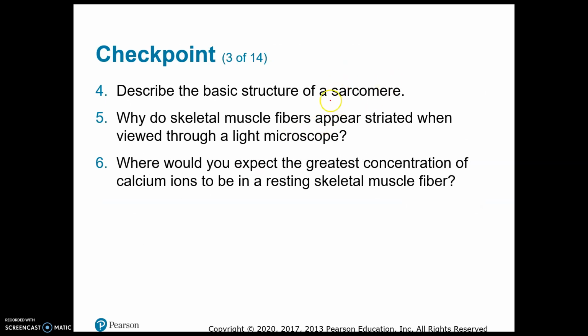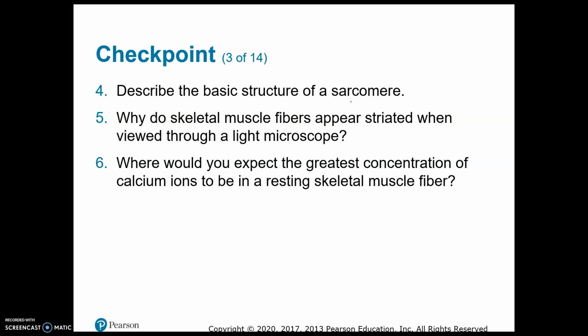All right, basic structure of a sarcomere, just make sure you understand that it's a contractile unit of muscle, and it extends from Z line to Z line. The M line is the middle of the sarcomere. The I bands are the light bands composed of actin, and the A bands are the dark bands composed of myosin with some overlap of actin.